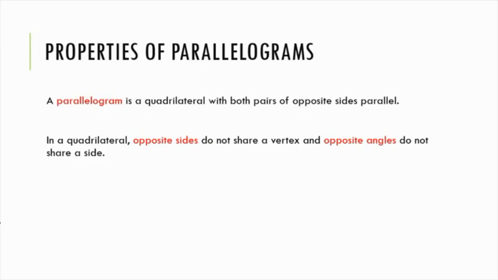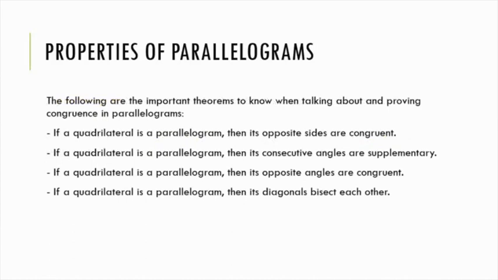In a quadrilateral, opposite sides do not share a vertex, and opposite angles do not share a side. So here are the four properties of a parallelogram that are very important. I would highly suggest that you either pause this video or intently listen and take notes. It is very important.